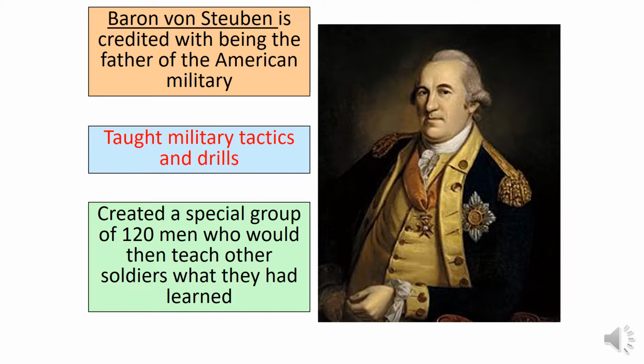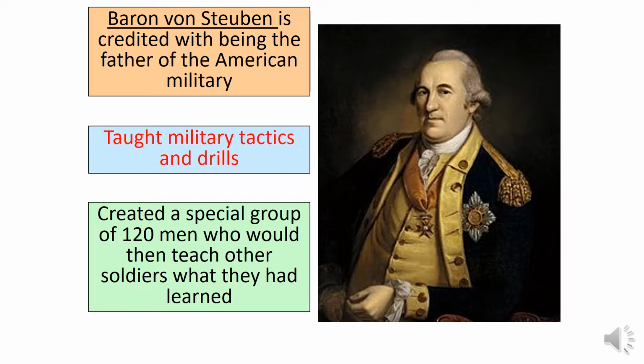And so he comes over to America mid-war, and he really whips the American soldiers, the colonists, into shape. And he does very basic things. He actually writes a manual. He didn't speak English, so he wrote a manual for basically how soldiers should march and drill, and what a soldier should do in camp, and what the entire camp should look like.